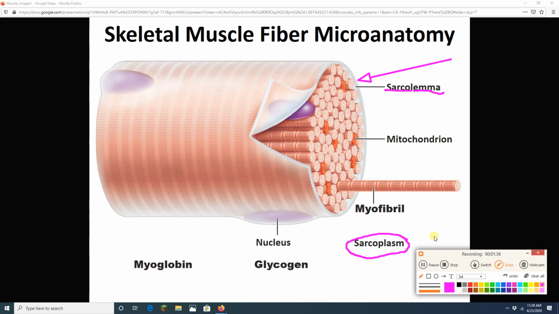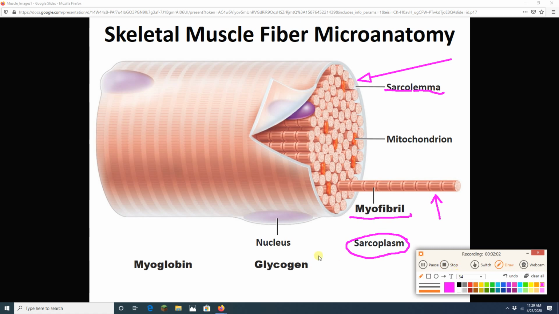All right, inside this muscle cell, inside the sarcoplasm, there are 4 things that I want you to know about right now. We'll add some more stuff later, but 4 things right now. 2 of them we can see. We can see myofibrils. Myofibrils are these rods of protein. They are actually the contractile machinery.